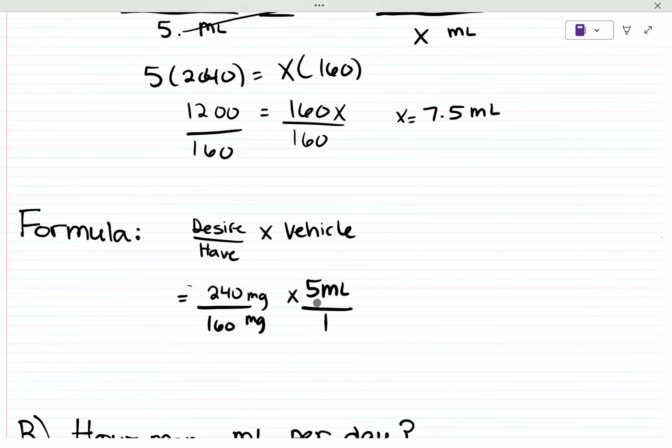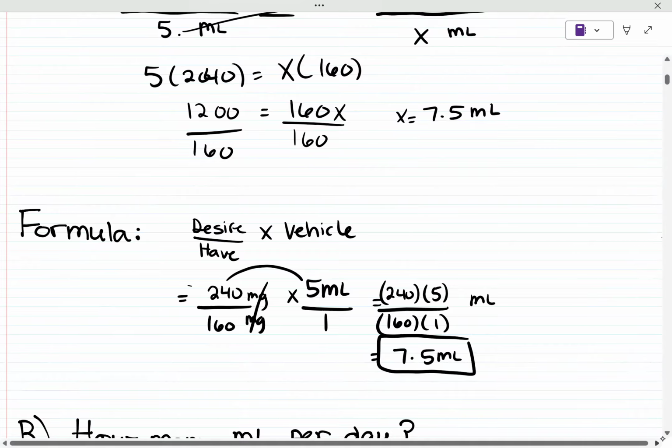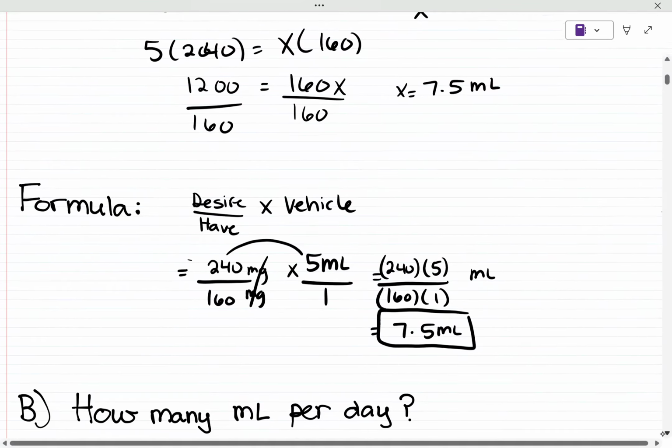You multiply across, the milligrams disappear and you're left with milliliters: 240 times 5 over 160 times 1, which gives 7.5 milliliters. That's your answer.